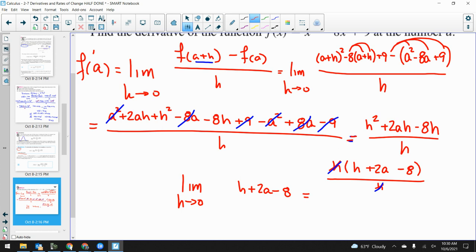Well, now I can directly substitute. What's going to happen with this? That's going to go to 0. And then is it going to touch these two things? No, because I'm not plugging anything in for a. All I'm doing is plugging 0 in for h. So it'd be like 0 plus 2a minus 8, or in other words, just 2a minus 8.